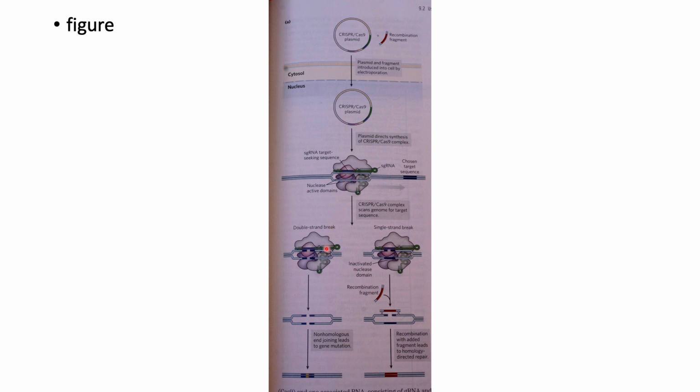So you get a double-stranded break at this point with an opening here, and you can fill it in with the corrected version. You can insert a recombination fragment here with the same process. You can remove it or you can insert.